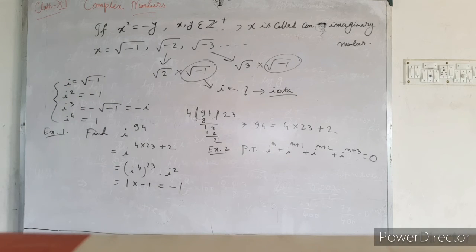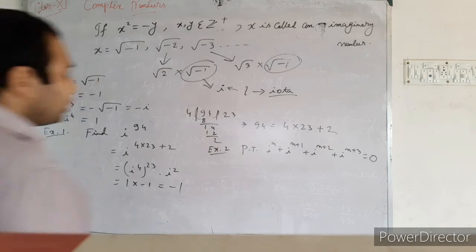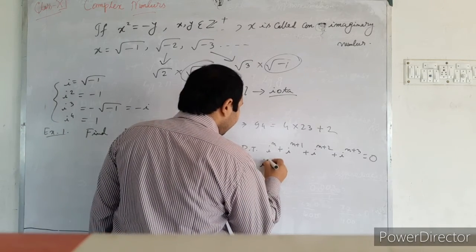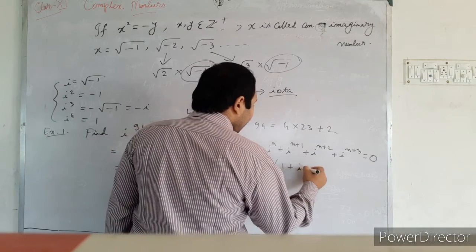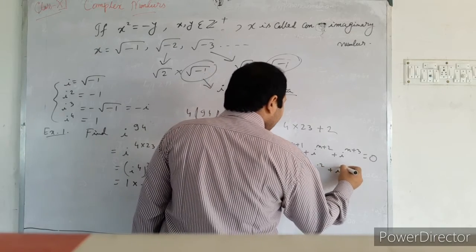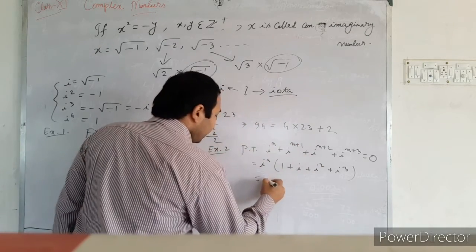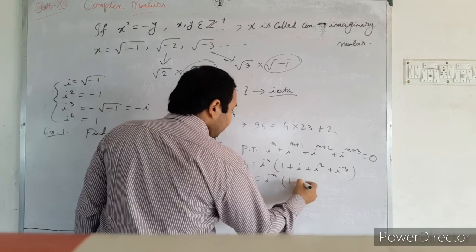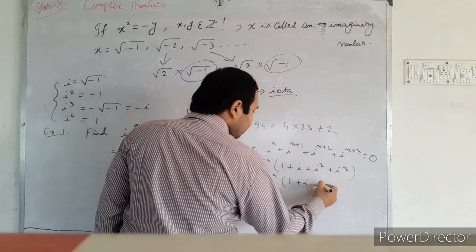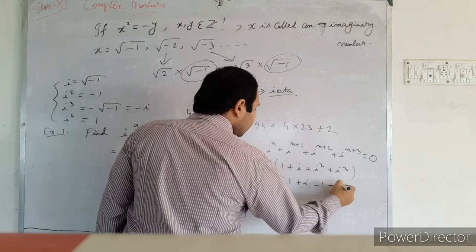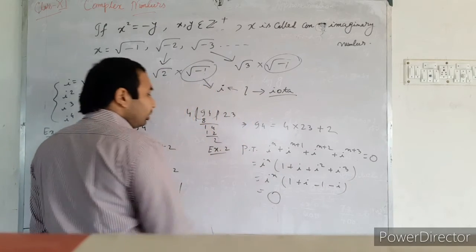So you have to prove this one. If we take i to the power n as common, we get 1 plus i square plus i cube. 1 plus i square equals minus 1 and i cube equals minus i. So definitely it is coming 0.